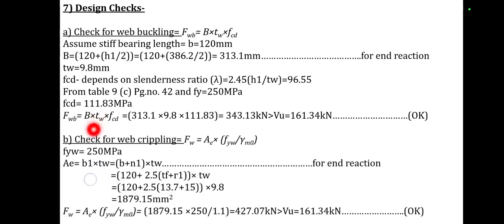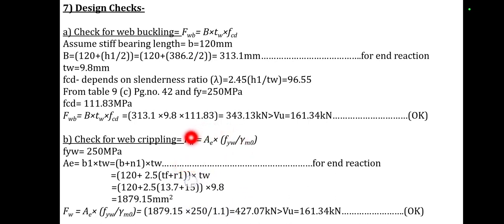Then we calculate the web crippling. We have the formula for web crippling as Fw equals Ae into Fyw divided by gamma m0, where Fyw is 250 MPa and Ae is equal to B1 into TW. Further, this B1 is written as B plus N1. Here B, as we have assumed, is 120, and N1 is equal to 2.5 into TF plus R1.